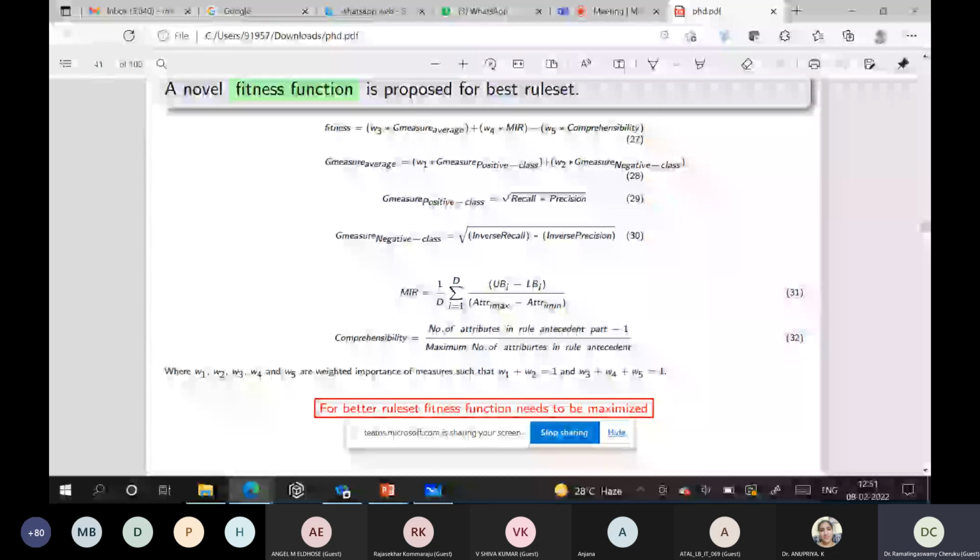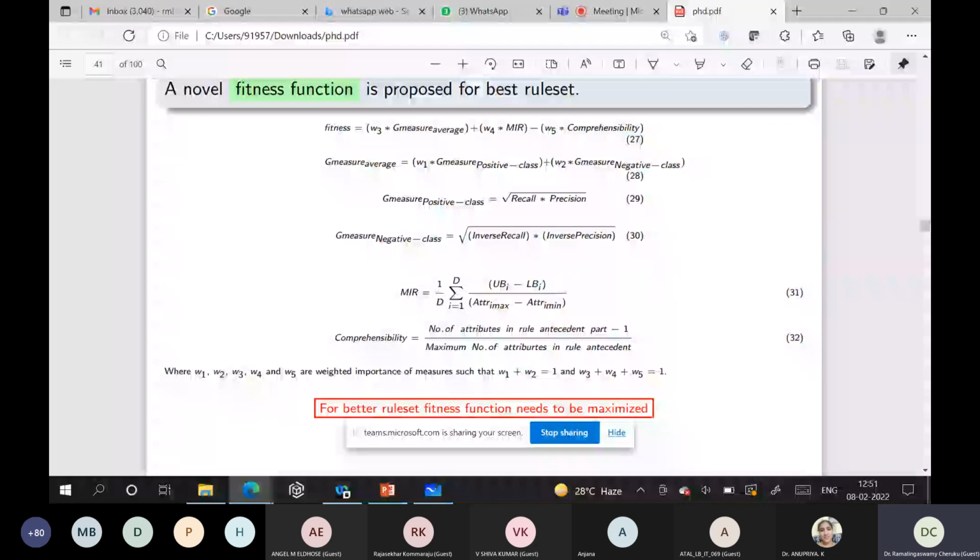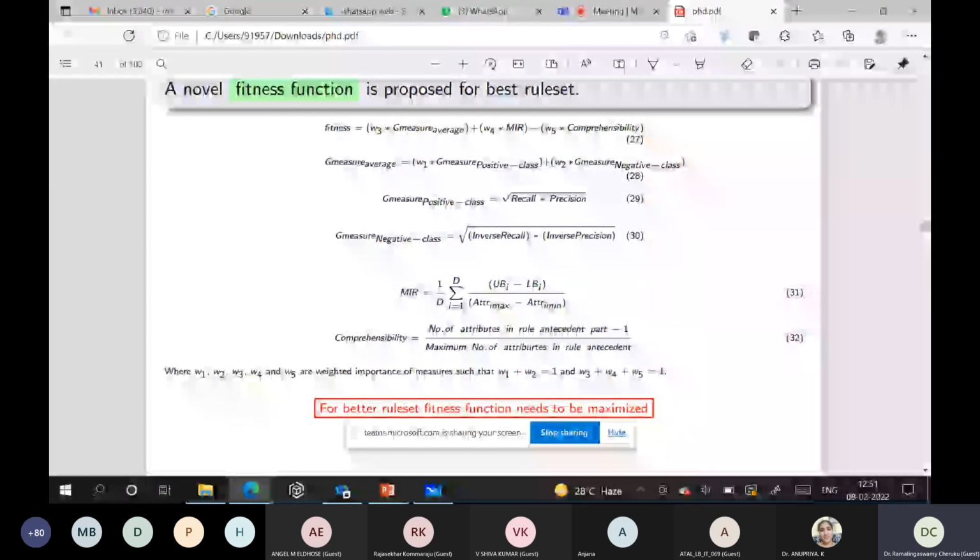Towards whichever one you want to prefer: if you want more performance-oriented rules, give more weightage to that metric; if you are interested in more compact rules, give more weightage to that; or if you want equal importance, give equal weights, so that you will get the rules accordingly.